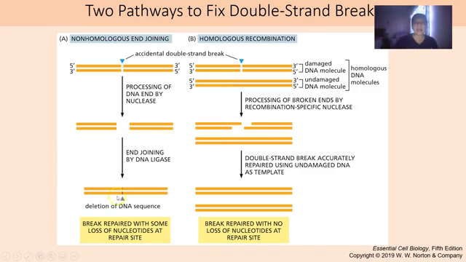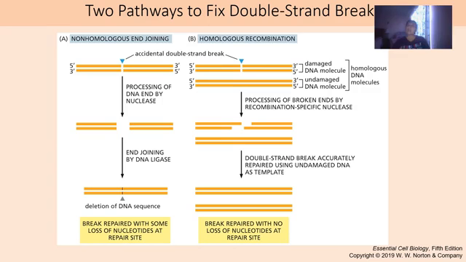And then ligase will come in and join those ends back together. The problem is this is going to result in loss of nucleotides. So this is not going to keep the sequence the same, right? It's destroying some nucleotides permanently and then joining the ends back together again.